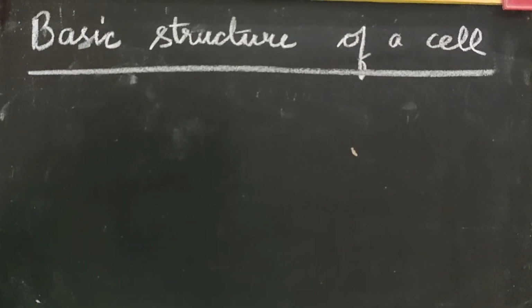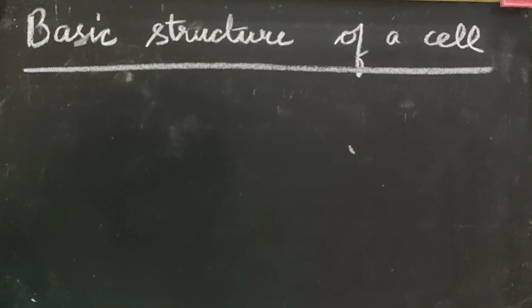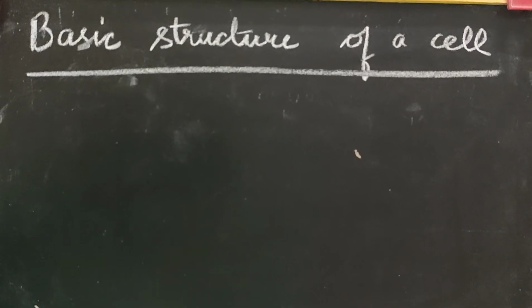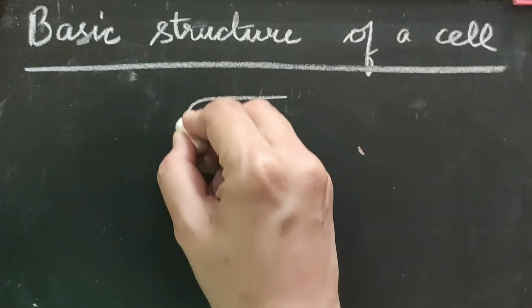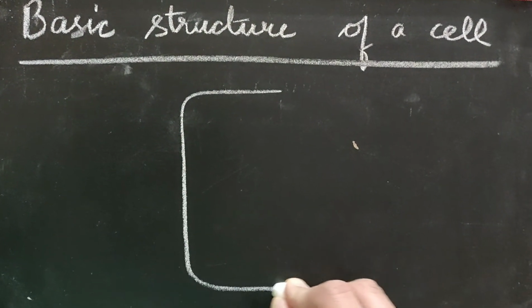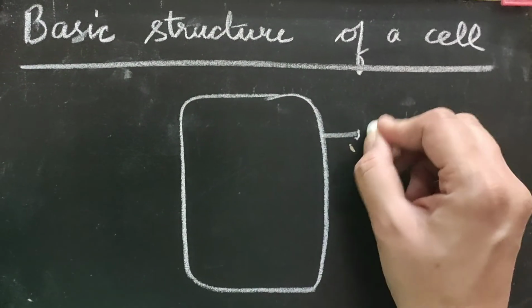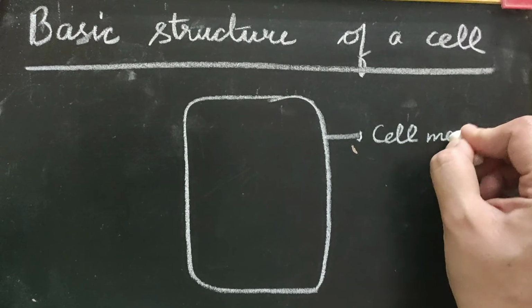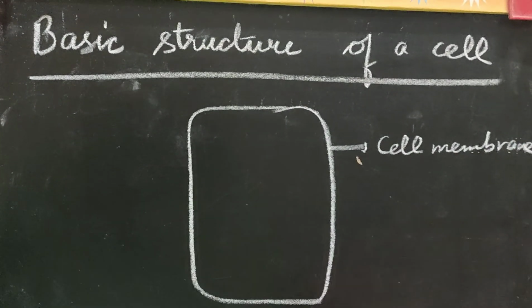Let us now try to understand the basic structure of a cell. A cell contains three basic parts. First is the outermost boundary of the cell, which is also known as the cell membrane. It forms the outer boundary of the cell.